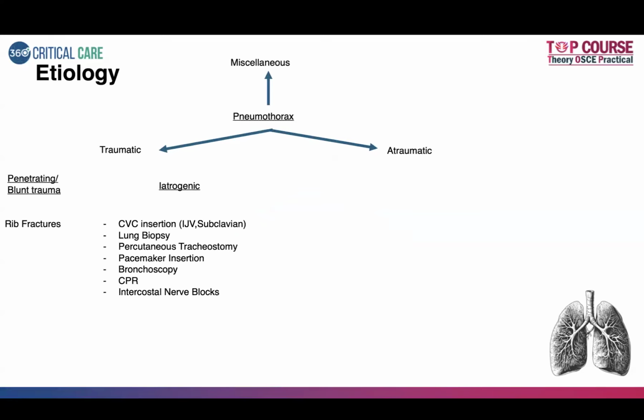Under traumatic, you have penetrating or blunt trauma, which can be because of rib fractures, or iatrogenic causes following CVC insertion through an IJV, internal jugular vein, or a subclavian vein, following lung biopsy, percutaneous tracheostomy, pacemaker insertion, bronchoscopy, CPR, or intercostal nerve blocks. So in any of these situations, pneumothorax can occur.